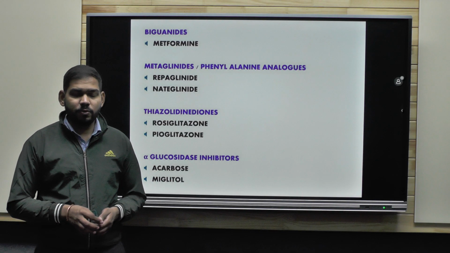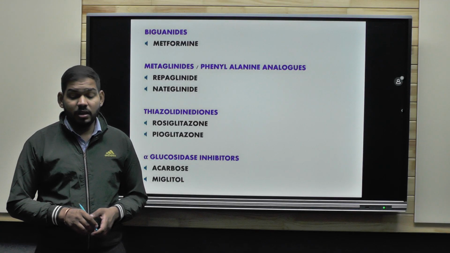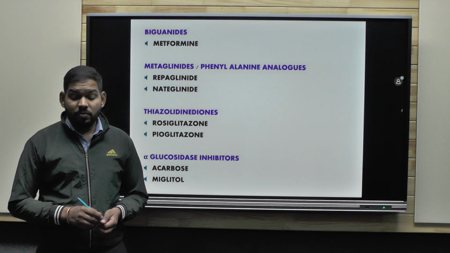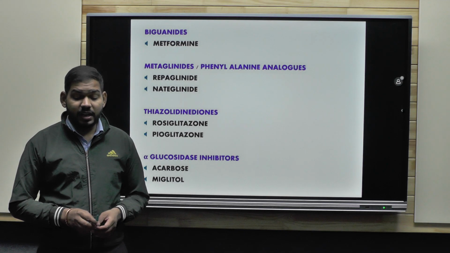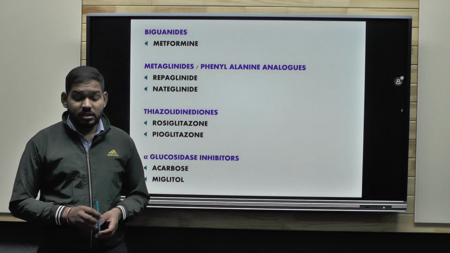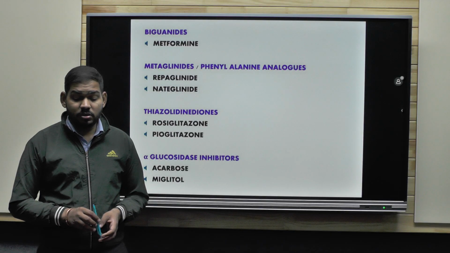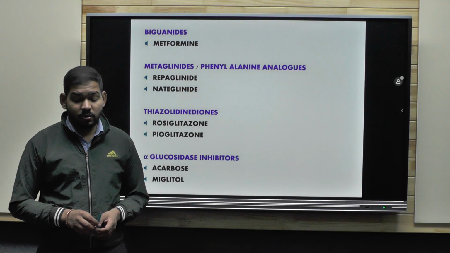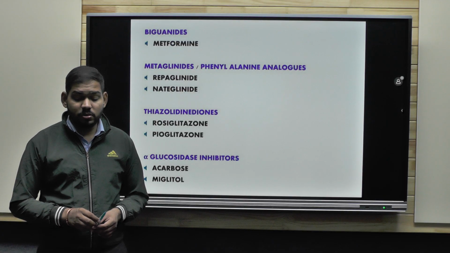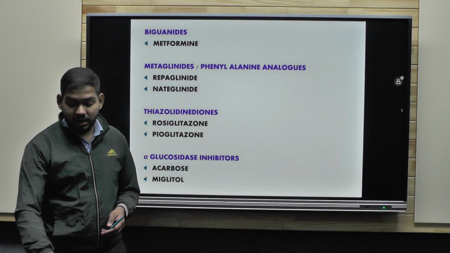The main drug for the biguanides is metformin. Another category is phenylalanine analogs, repaglinide or nateglinide. Another is thiazolidinediones, in which the drugs are rosiglitazone and pioglitazone. Another is alpha glucosidase inhibitors, whose drugs are acarbose and miglitol.